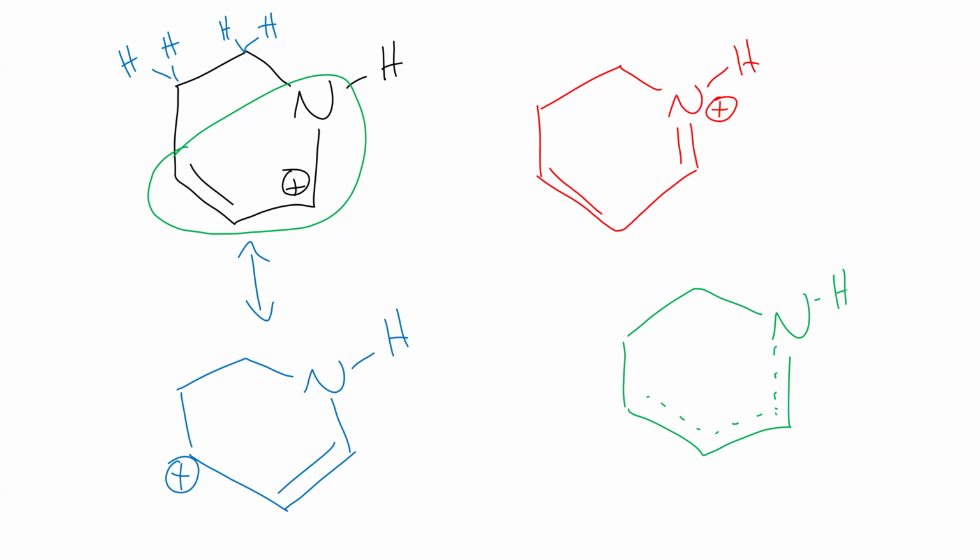And then where you put your charge, you would just put brackets around the whole thing and say the whole thing has a positive charge. I don't like that. I would rather draw the most significant resonance structure, and I just want you to know there are other resonance structures as well.